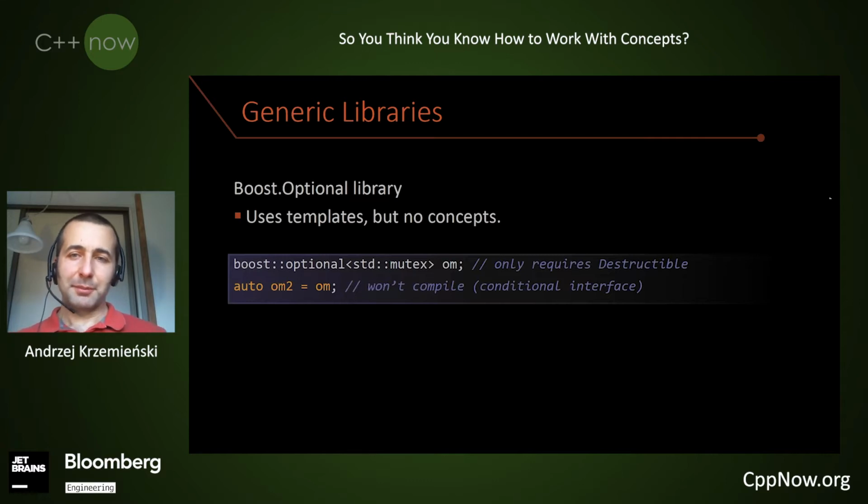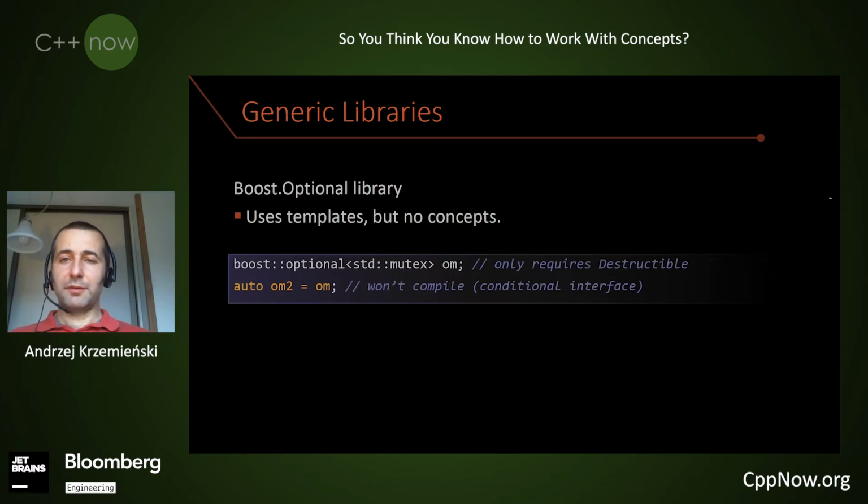So you have to give me some T in order to get optional T, and you can use it. But I do not expect anything particular of your T. I only expect that it's destructible, but it's a very small requirement, so perhaps not worth mentioning, because usually types are destructible. Other than that, you don't have to provide anything, and you can construct optional objects.